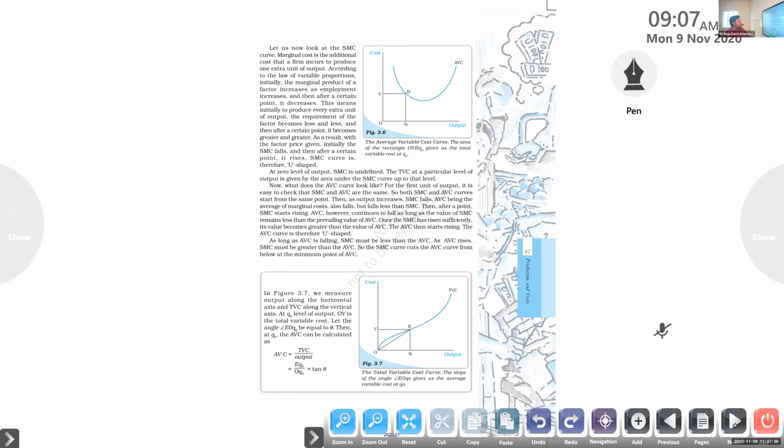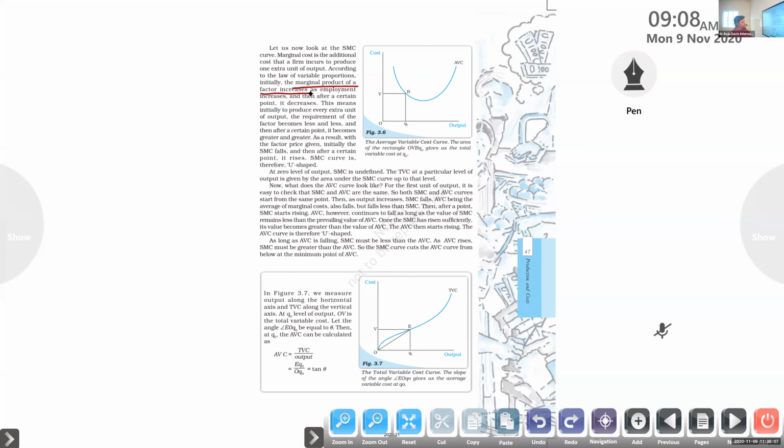According to the law of variable proportions, initially the marginal product of a factor increases as employment increases. Here we are making changes in the employment, so if employment increases, marginal product also will increase.